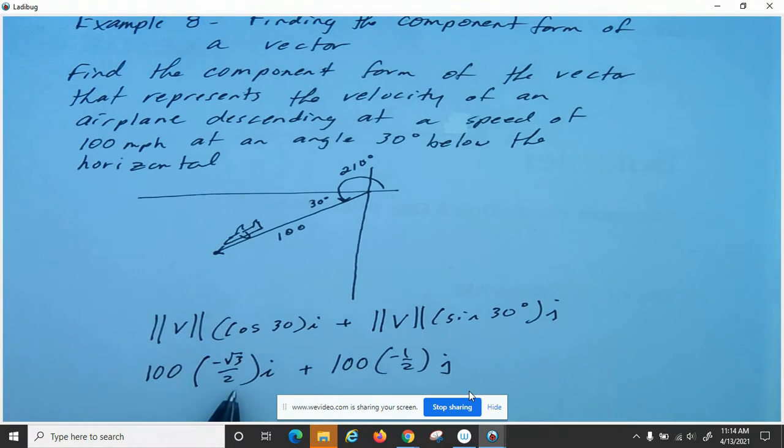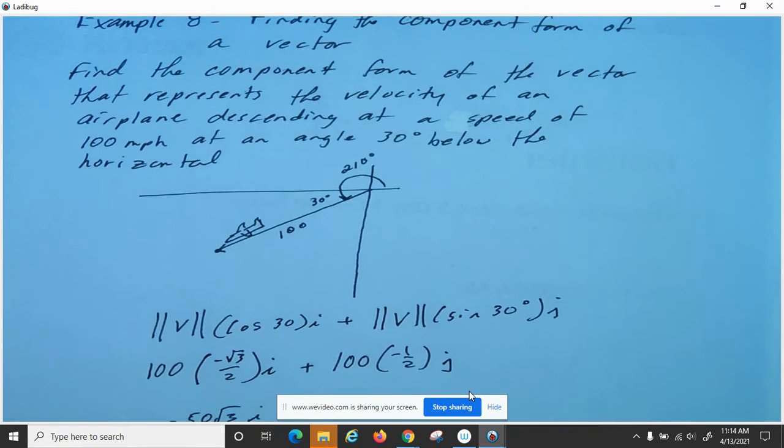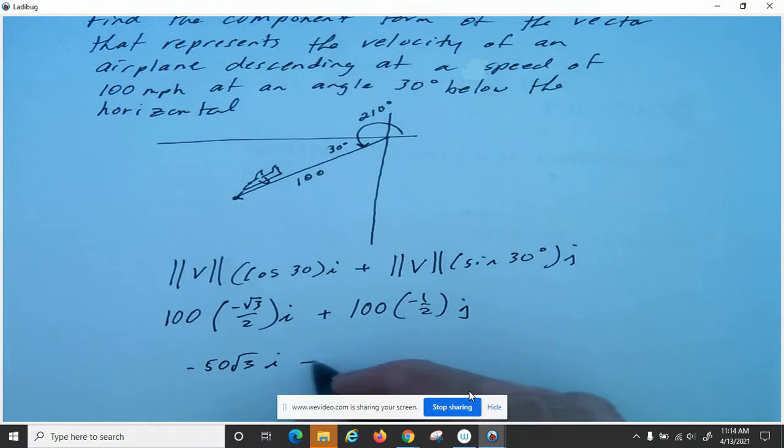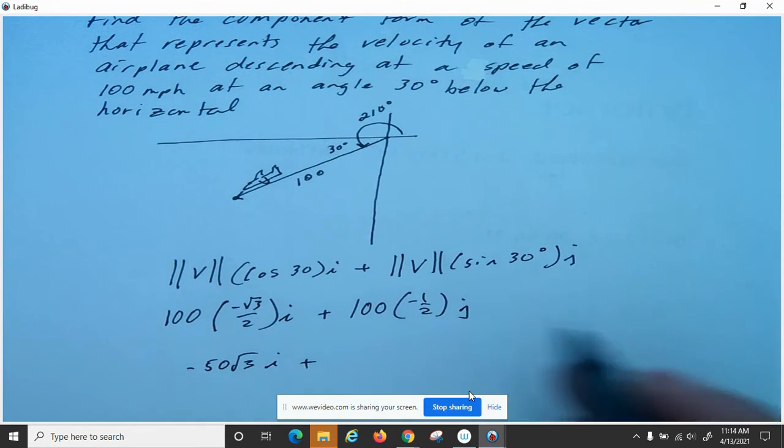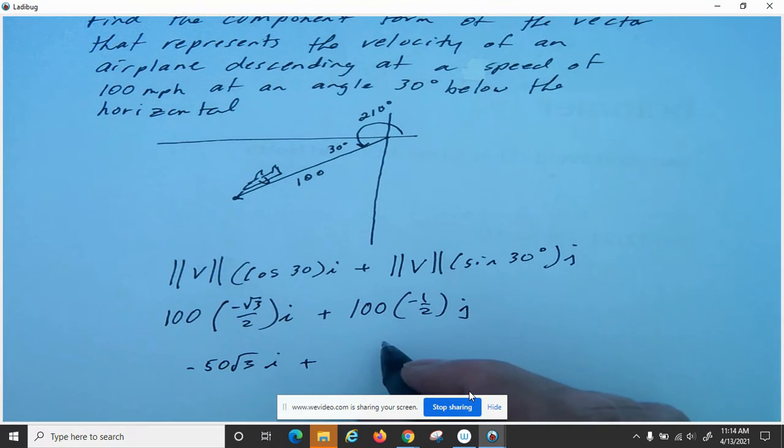And let's go ahead and multiply here. So I know that 100 divided by 2 is 50. So that's going to be negative 50 root 3. And obviously here, 1/2 of 100 is a negative 50 j. I'm going to change that over to a minus sign soon.